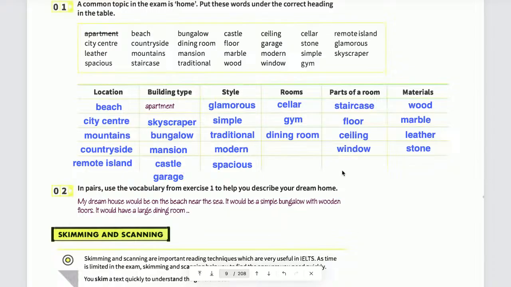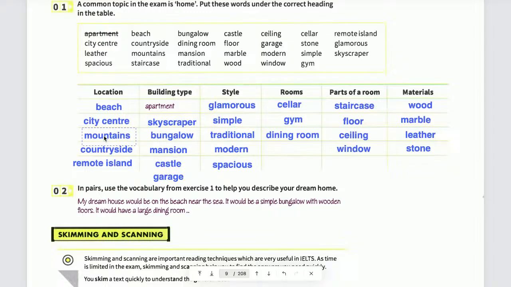Alright guys, now let's fix this. So for location, what do we have? Beach. Yes, remote island. Guys, I want to hear the answer from all of you, not just one of you. You understand? We are practicing English, please.